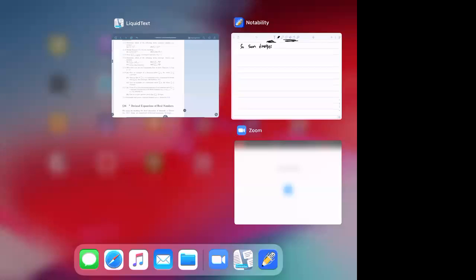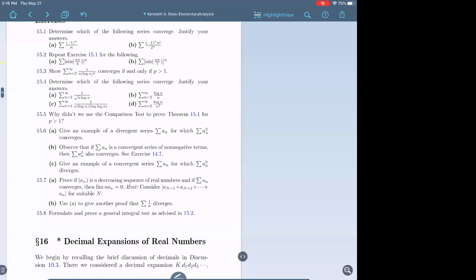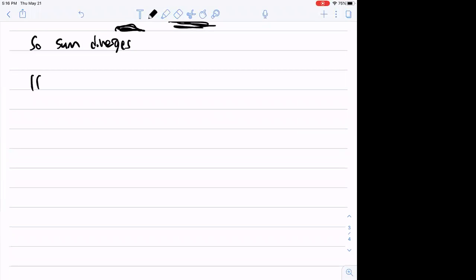Okay, let's do something different. Let's do an even number. Give an example of a divergent series sum an for which sum an squared converges. So 15.6: sum an diverges, sum an squared converges. Does anyone have an example?